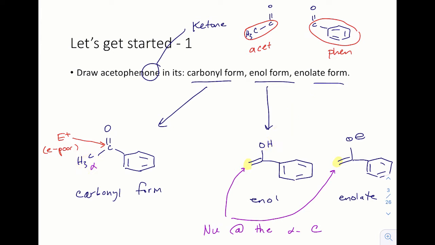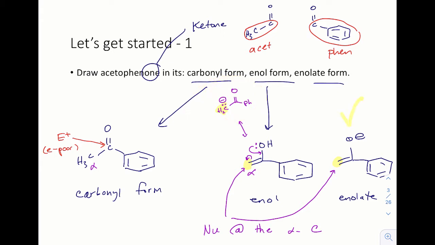So the enol is a tautomer, a constitutional isomer of the carbonyl. Enol is nucleophilic at the alpha carbon. It now behaves like an alkene in a way, right? The ene means alkene, so it's nucleophilic at the alpha carbon. We can understand that by this resonance structure. Look at that carbanion. All right, so even though this is the minor resonance structure, it is still significant, and we will see enols and enolates.